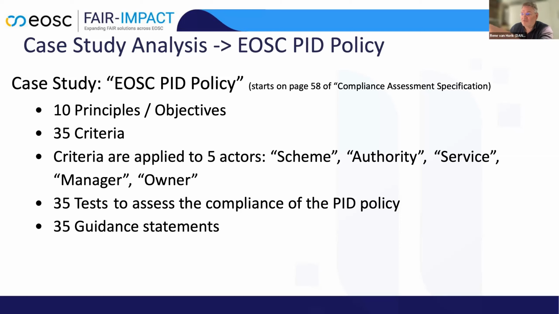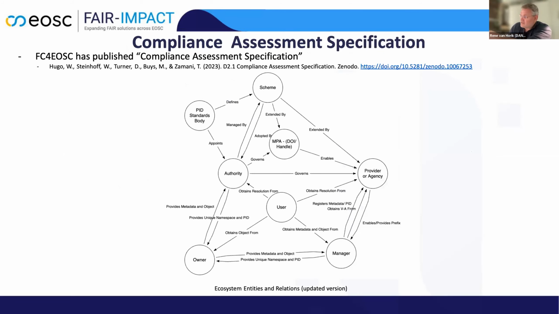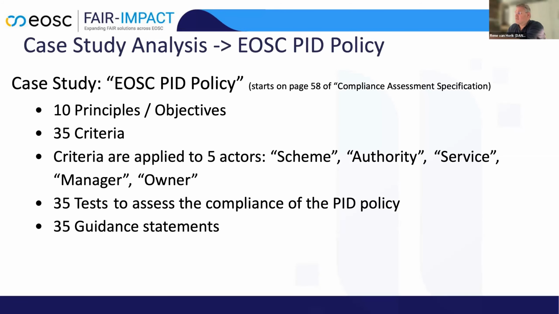It will not surprise you, they will come back in these 35 criteria. Now we are going to apply these to the 5 actors of the ecosystem: scheme, authority, service, manager, and owner. But a criterion also has to be tested. So there are also 35 tests, and 35 guidance statements in this specification, starting on page 58.